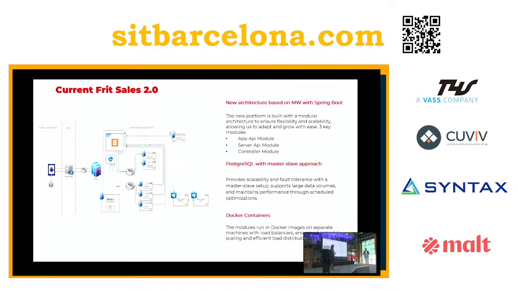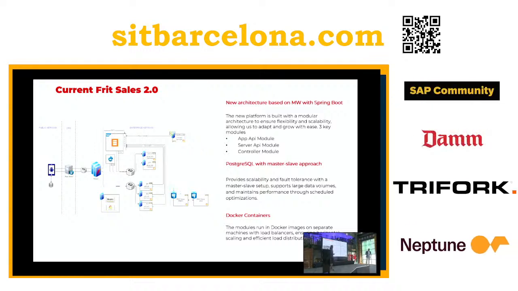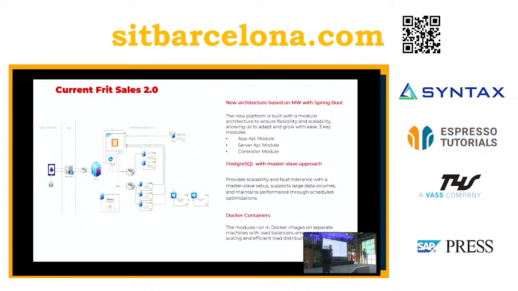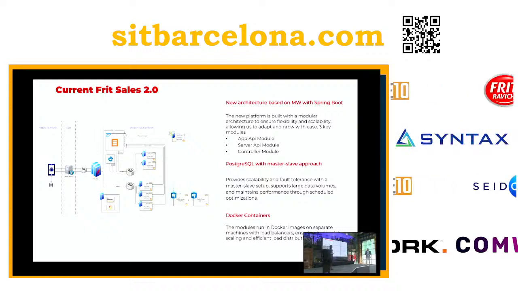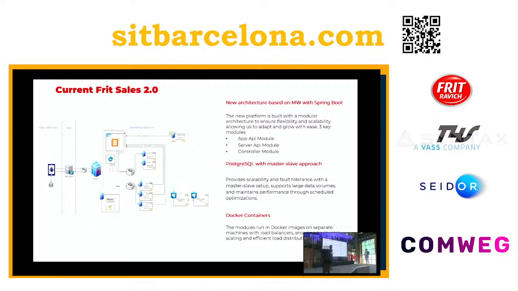To address these limitations, we developed a new middleware built on Spring Boot, a popular Java framework that makes development faster, improves security through Spring Security, and simplifies database management with tools like Spring ORM. The new middleware adopts a modular design, and the key components are App API, Server API, and the controller.